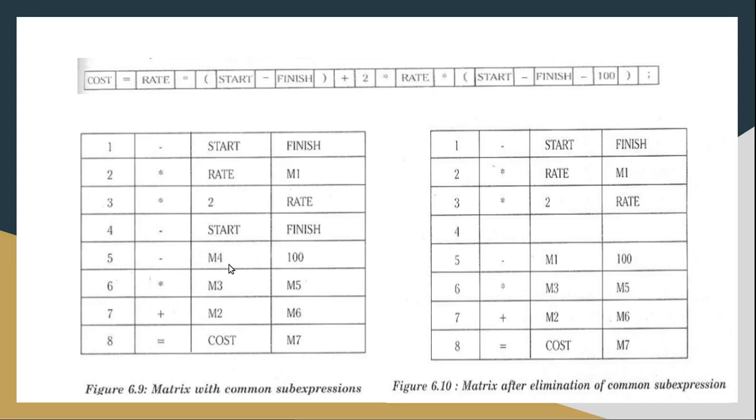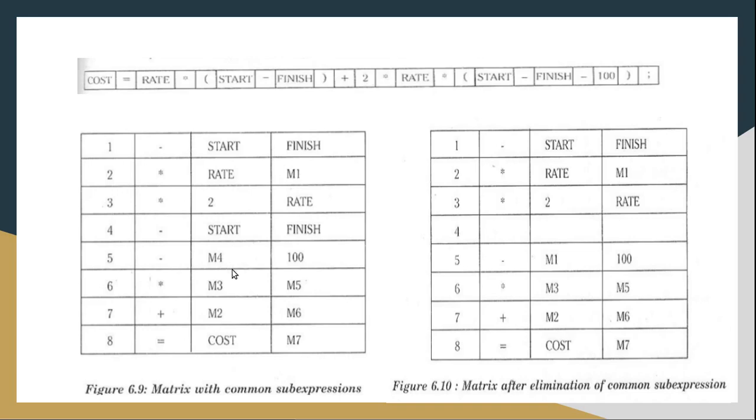So first we place the matrix in the form such that we can recognize the sub-expression. Second step, we have recognized the common sub-expressions. How did we recognize? We compared M1 with M4, M3, M2, M5, M6 and M7. After that we come to know M1 and M4 are the same, that is start minus finish. Then what we have to do?